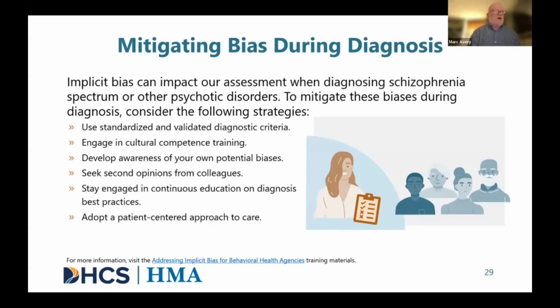Second opinions can help to reduce our bias, especially with colleagues who have special expertise in working with persons from different cultural and ethnic backgrounds. Taking a patient-centered approach, improving our education and training on bias, and using clear and effective communication all can help reduce our bias, as well as careful documentation of our rationale for making certain diagnostic decisions.